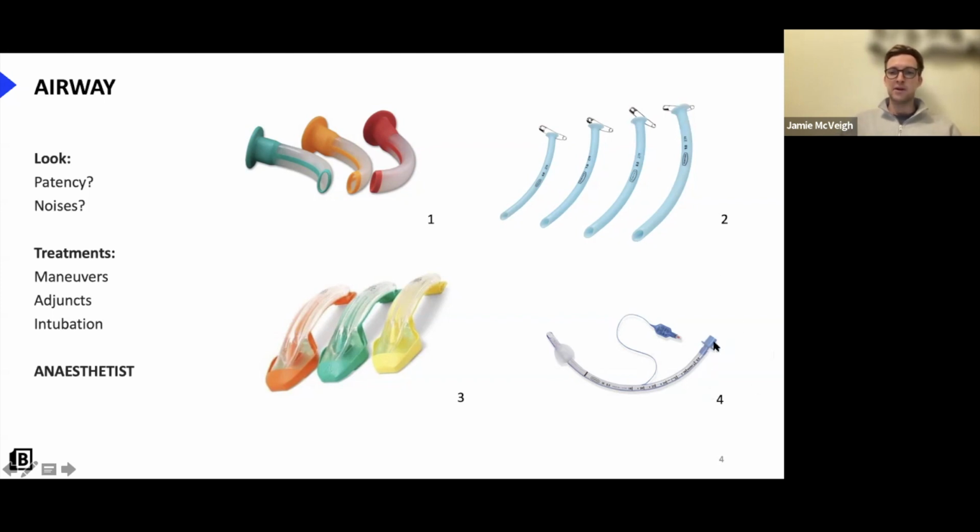If you can see my mouse on the right hand side of the tube, that's the bit that connects to the bag valve or to the ventilator. And on the left hand side there, that's a little balloon, a cuff that inflates or deflates as it goes inferior to your vocal cords to keep it in place, which is why it's the most definitive airway and one that prevents aspiration.